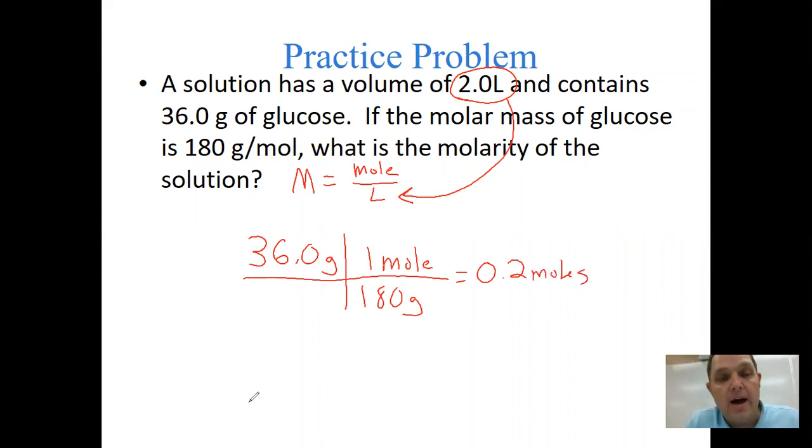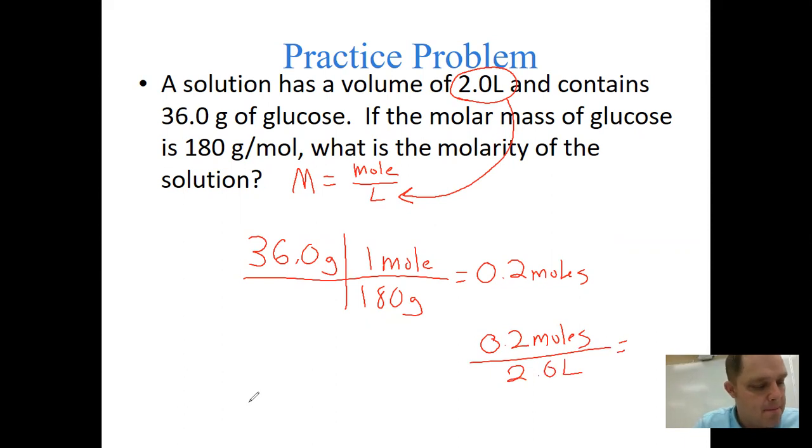So now we have the two things we need: moles and liters. Let's just put those together. 0.2 moles divided by 2 liters. Make sure Mr. Foss does his math correctly, we get 0.1.